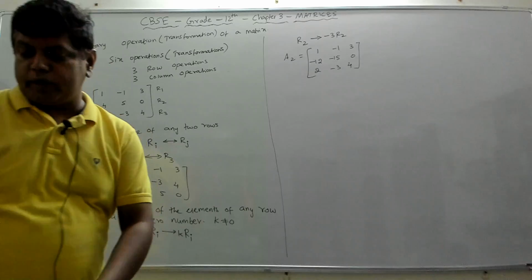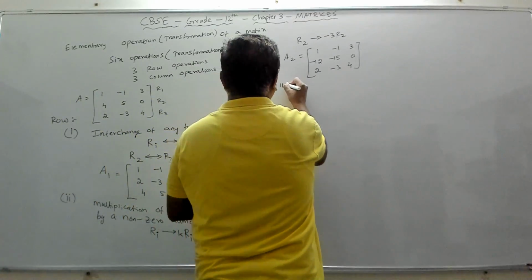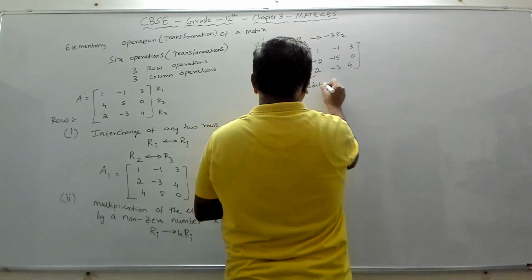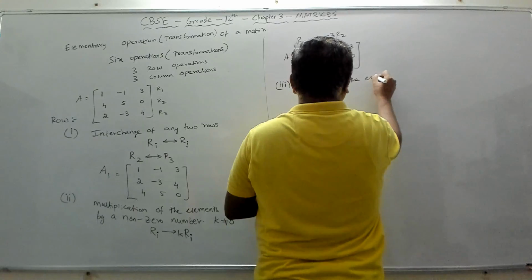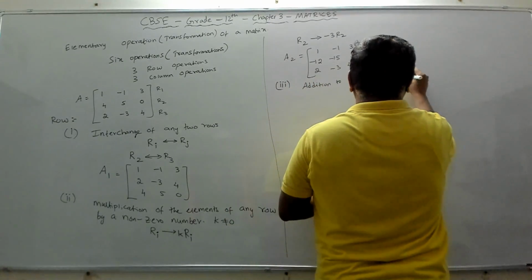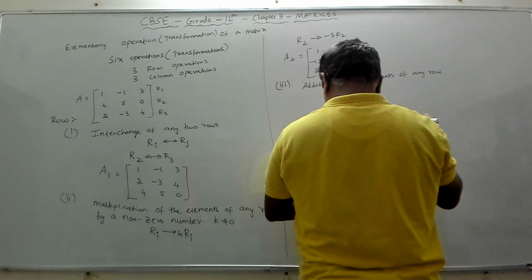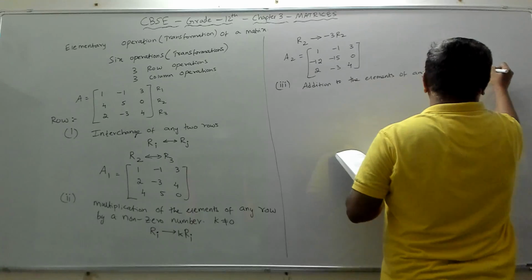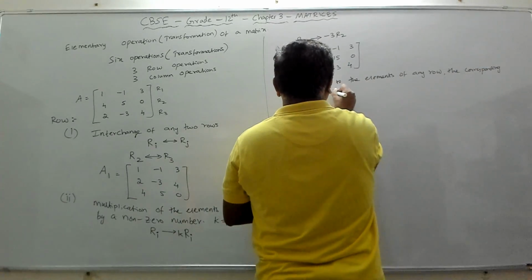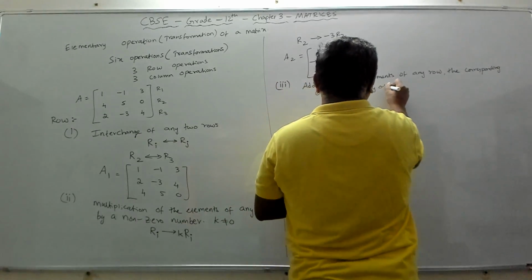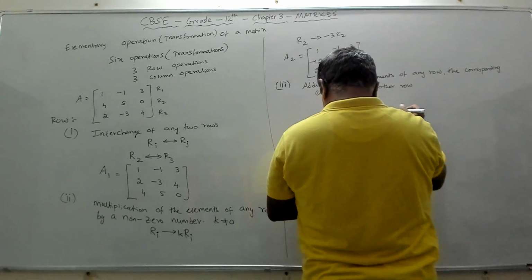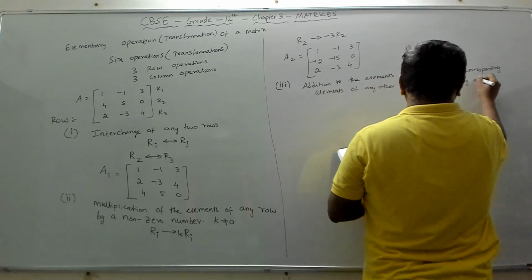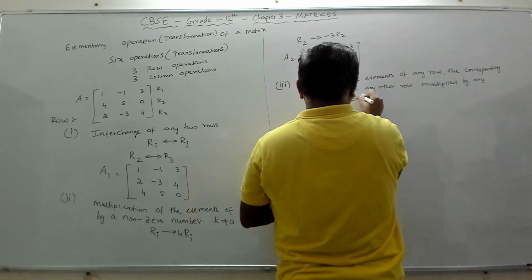Now the third operation is addition to the elements of any row the corresponding elements of any other row multiplied by any non-zero number.